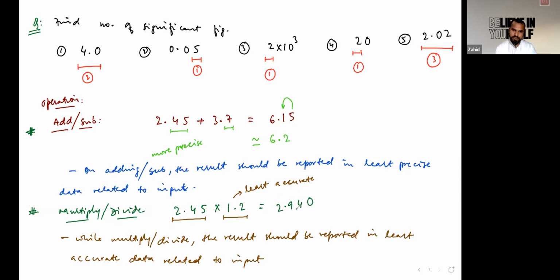So we have to round off this number up to 2 significant figures. This next digit is just 4, which is less than 5. So on rounding off, it comes out to be 2.9 only. Is it clear till this part? Any doubt? Wahid, is it clear?